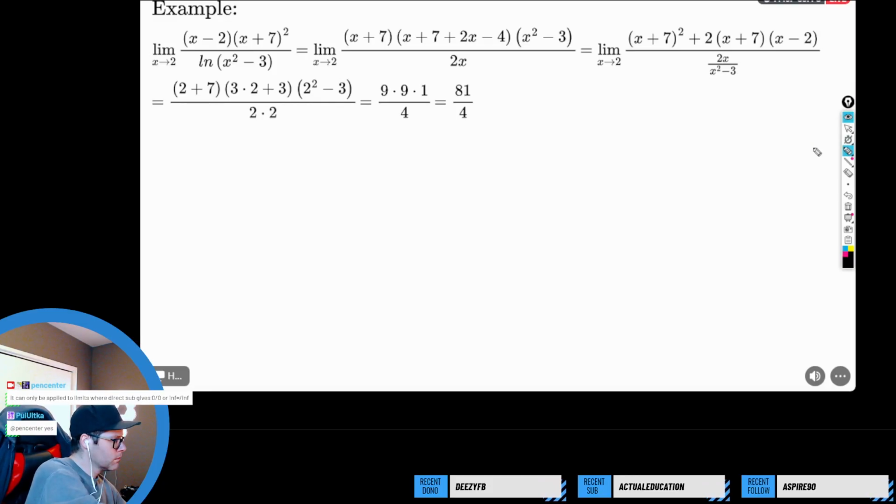Now, this is an example, but the main idea of it is to help find some very advanced limits.